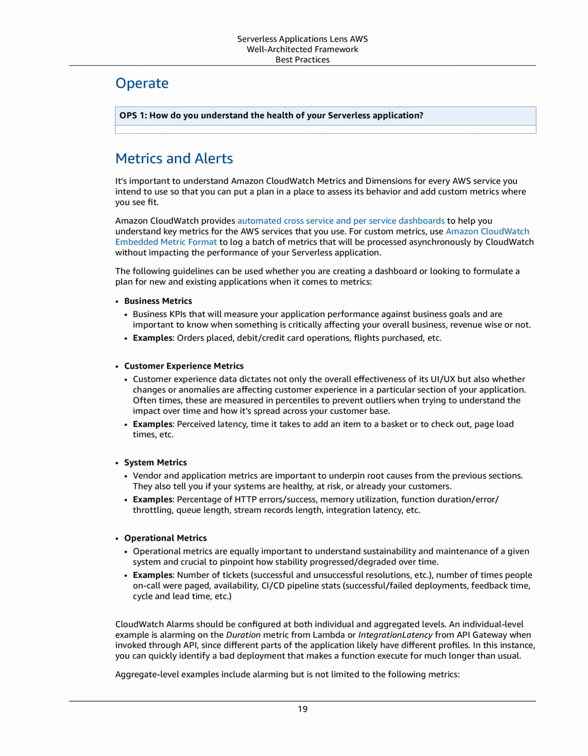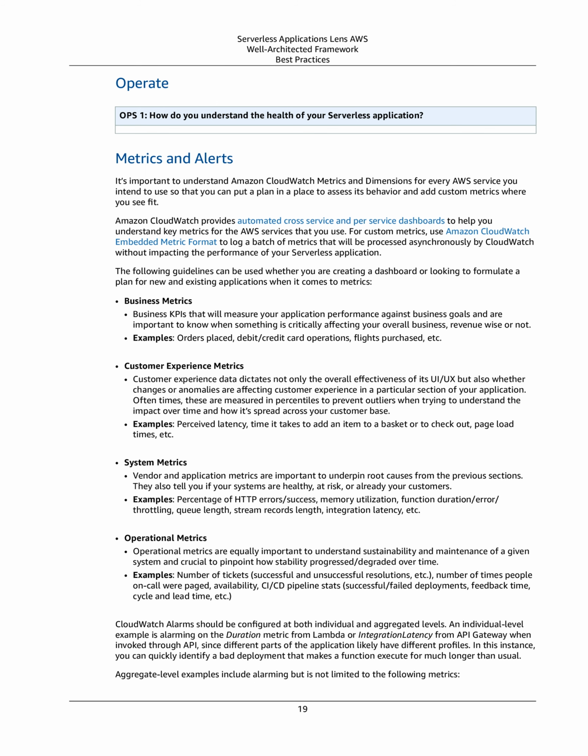System metrics. Vendor and application metrics are important to underpin root causes from the previous sections. They also tell you if your systems are healthy, at risk, or already impacting your customers. Examples: percentage of HTTP errors/success, memory utilization, function duration/error/throttling, queue length, stream records length, integration latency, etc. Operational metrics.